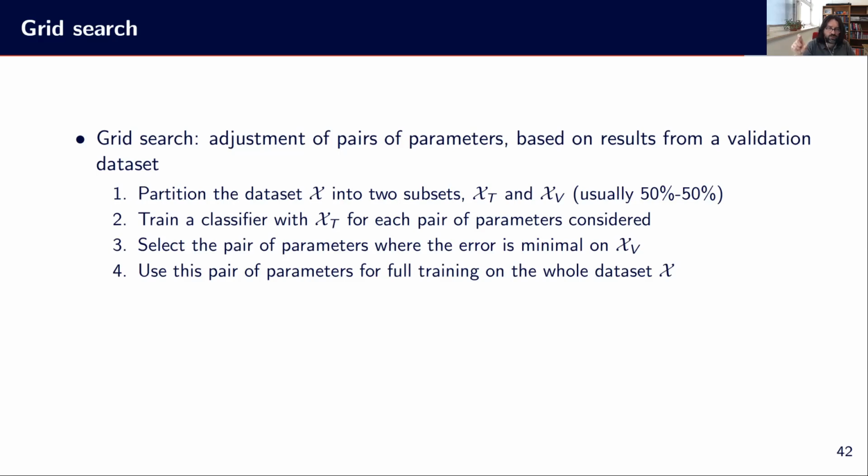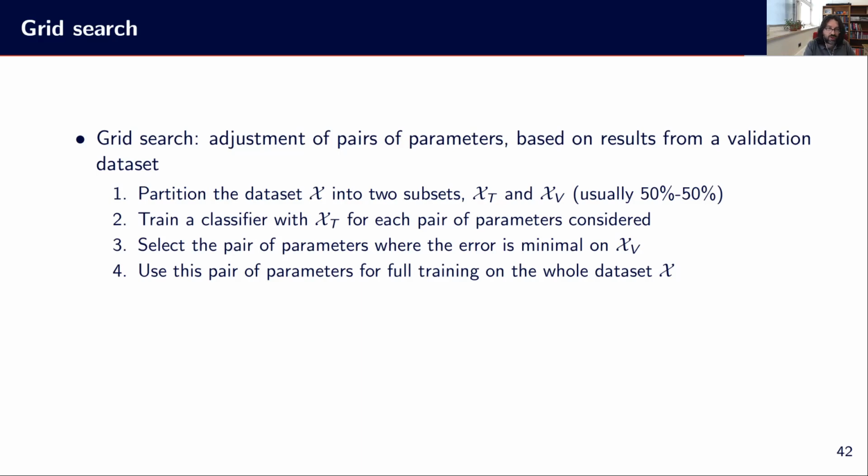Then we look at the classification rate on the validation set, which is not used for training, and we see the performance in terms of generalization. We pick the pair of C and sigma that minimizes the error on the validation set, and we say, okay, these are the parameters we think are the best according to our grid search.